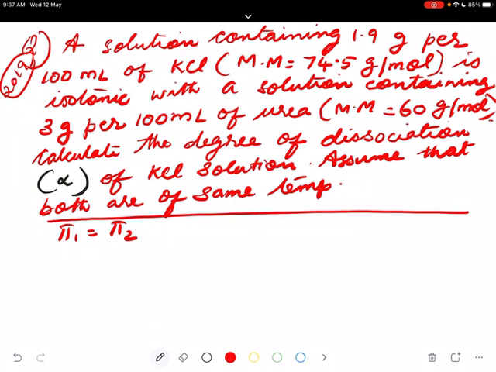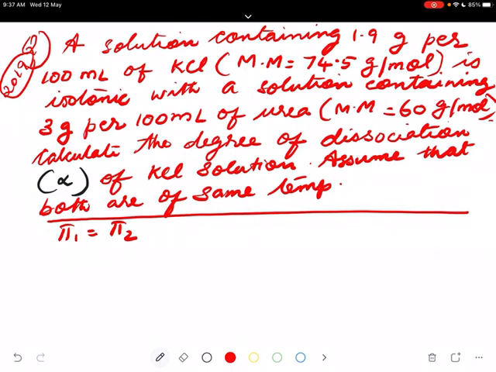If you are taking pi 2 as KCl, then you can put i in pi 2. Or first you find out the molar mass, then you can apply it. In 3 parts you can do this, I'll show.